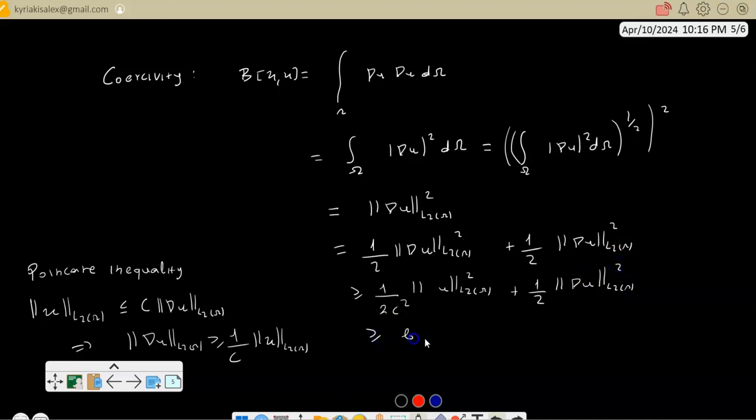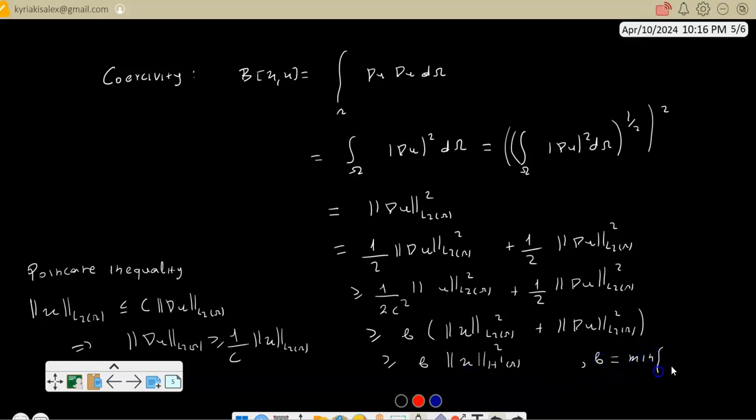Now this is greater than beta times the norm of u in L2 of omega squared plus the norm of grad u in L2 squared. And of course, this is the norm of u in H1, where beta is just the minimum of 1 divided by 2c squared and 1 divided by 2.